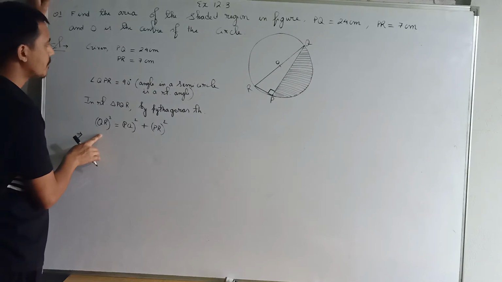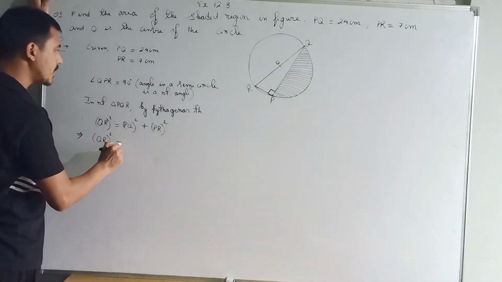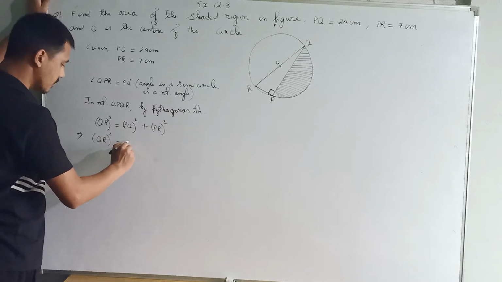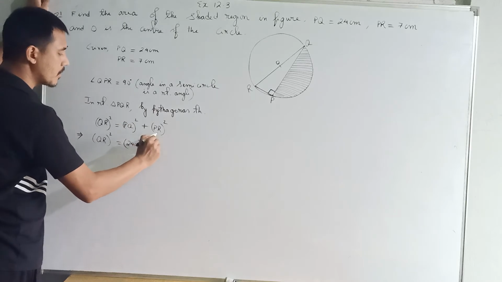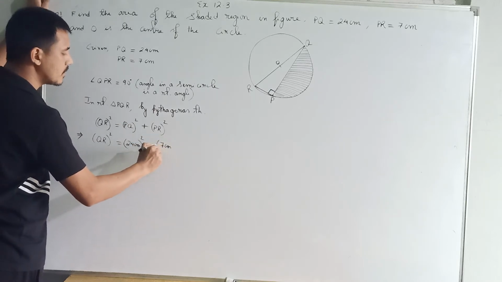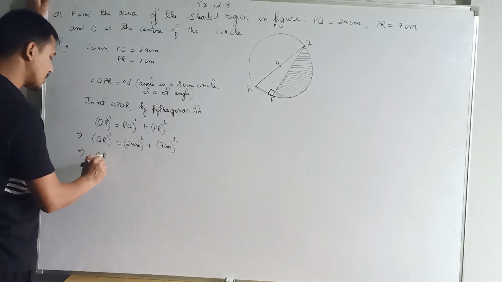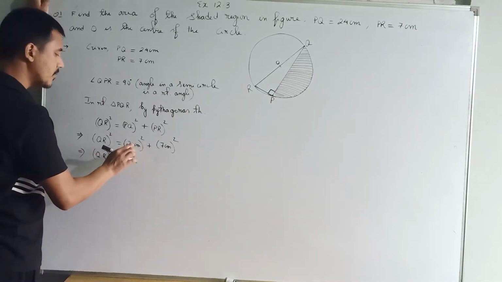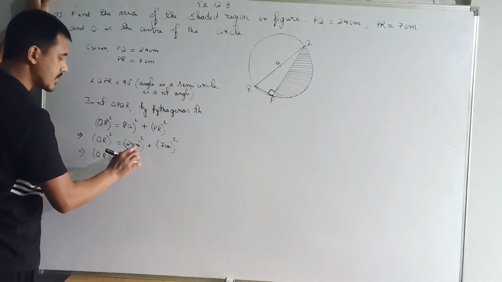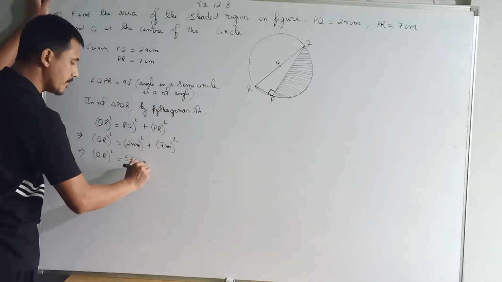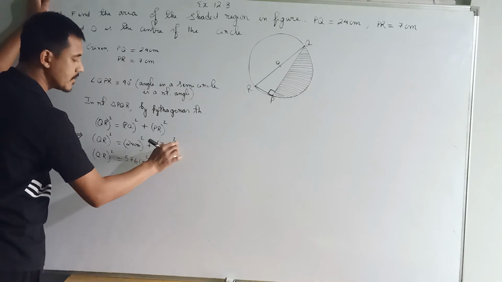Now we are going to find out QR. So QR square is equal to PQ, which is 24 centimeter, squared, plus PR, which is 7 centimeter, squared. So QR square is equal to 24 square, which gives you 576 centimeters square, plus 7 square, which is 49 centimeters square.